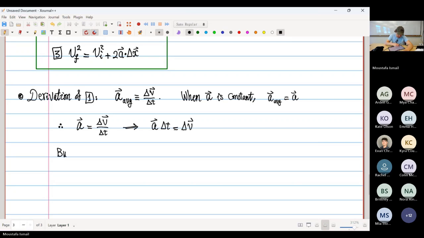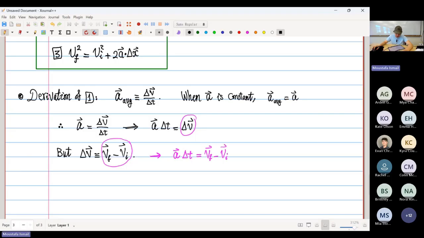But delta v is defined as the final velocity minus the initial velocity. So when we substitute this here, you get a delta t equals V final minus V initial.